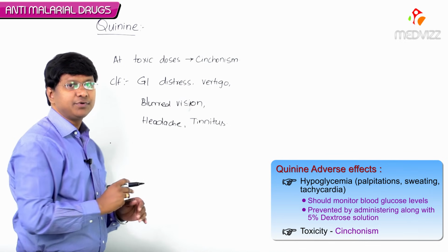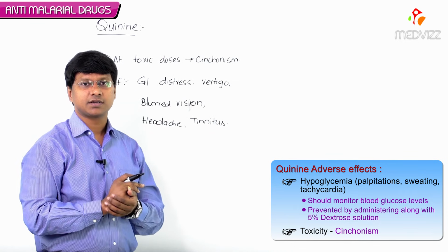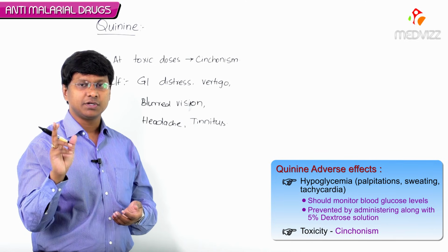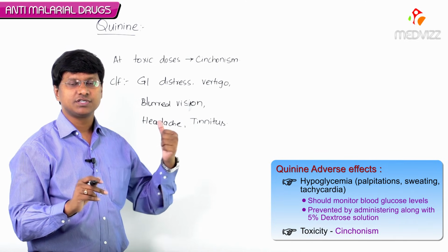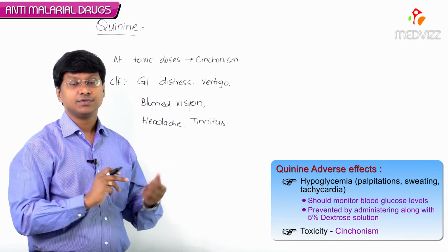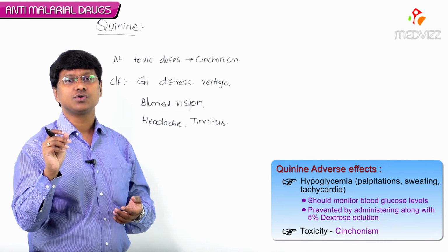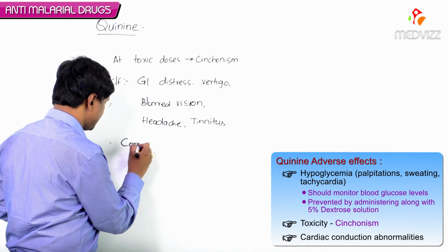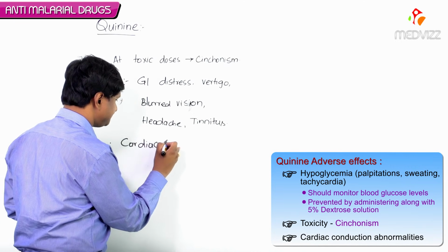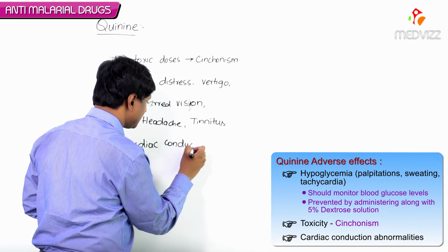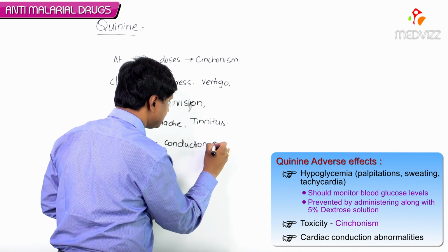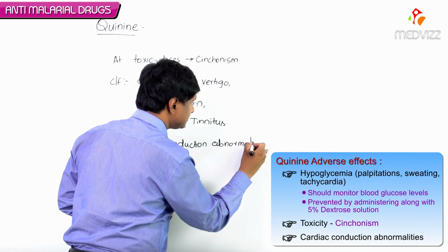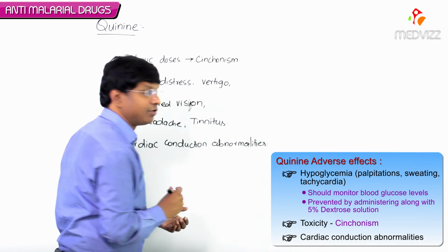Now, the other adverse effects associated with quinine: as such it will cause hypoglycemia, and at toxic doses it will cause cinchonism. The other adverse effect is that it can also cause cardiac conduction abnormalities.